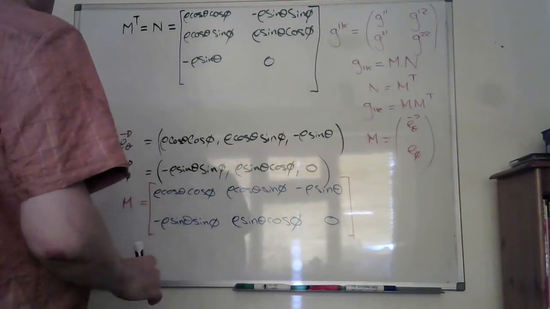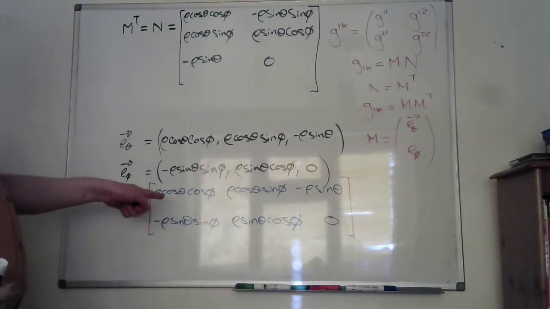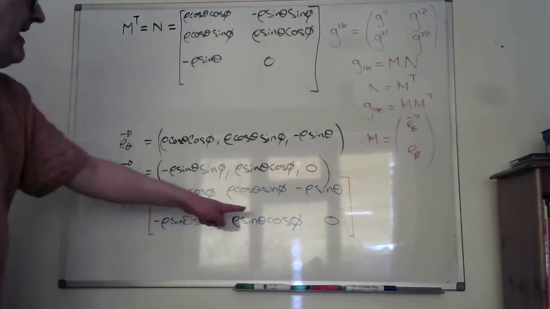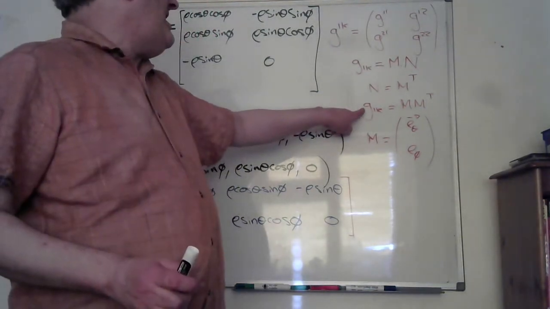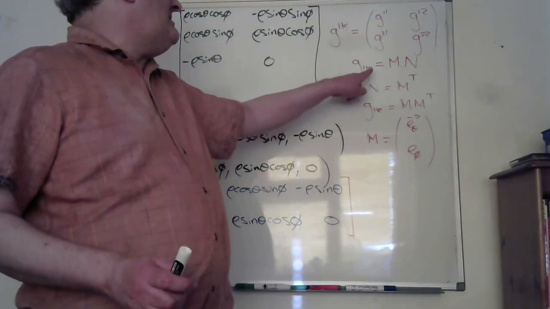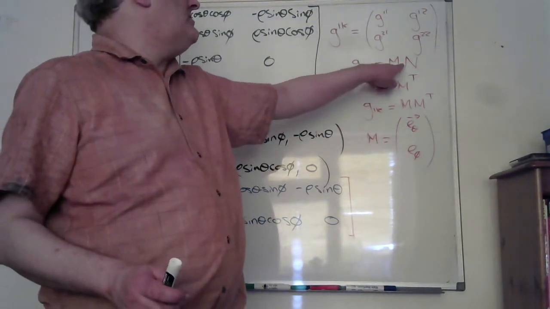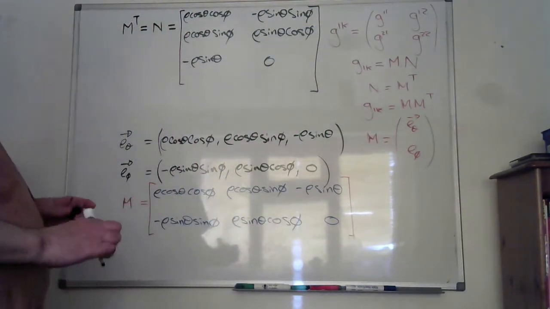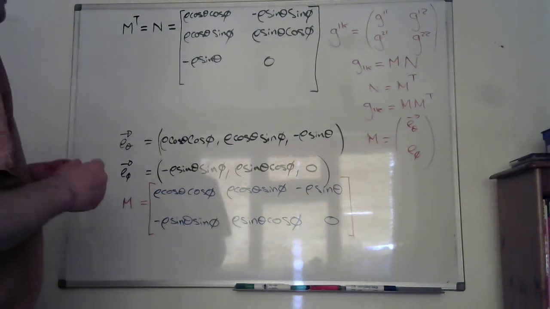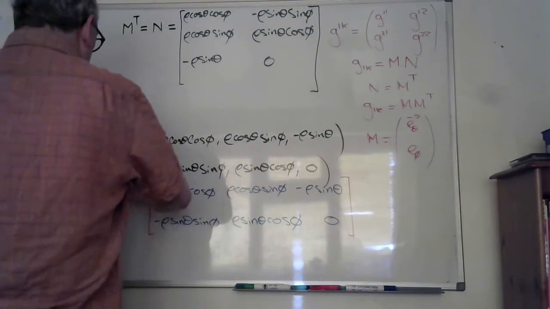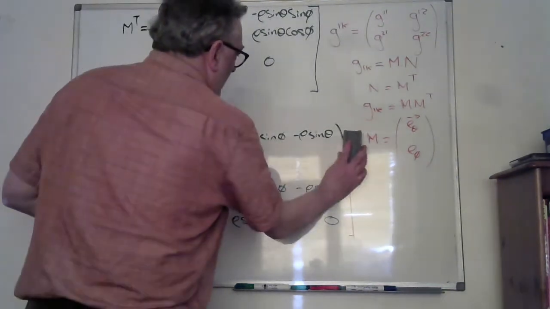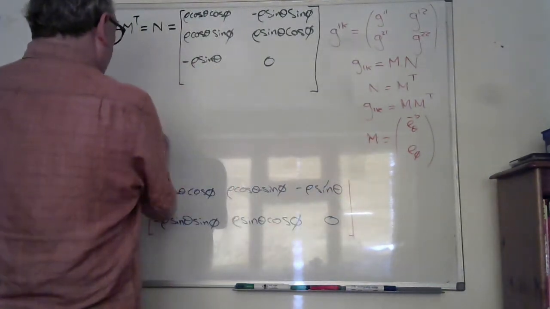Okay, so we've now got two matrices. We've got our M matrix and our N matrix, and we know that G sub LK is equal to M times N. So I'm going to leave out actually doing the multiplying out.